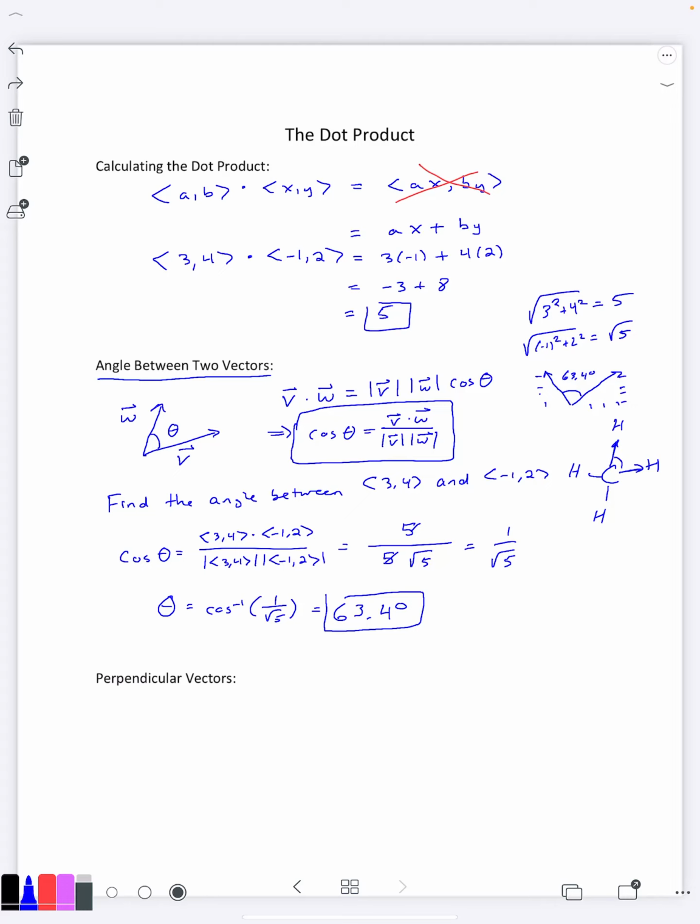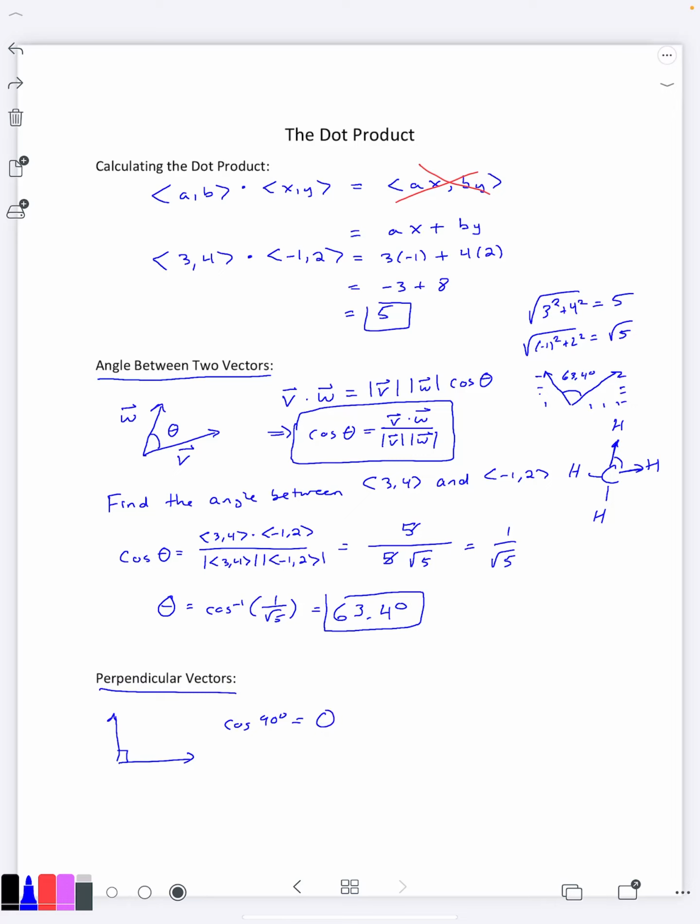Now, related to this, we can also determine whether two vectors are perpendicular or not. And so let's think about it. If they're perpendicular, then that means the angle between them is 90 degrees. And so cosine of the angle between them, well, cosine 90 degrees is in fact 0.